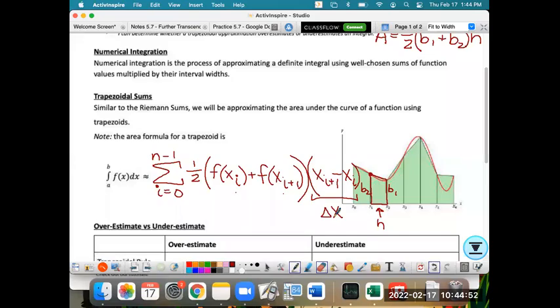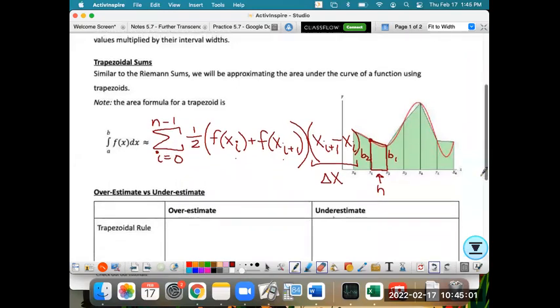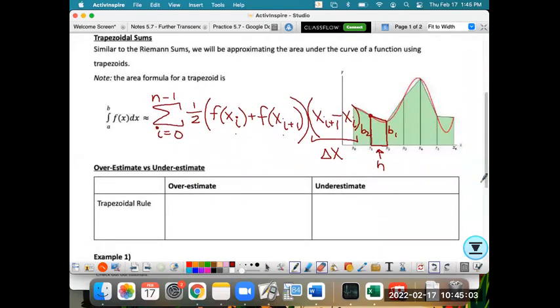Can I have a show of hands? How many people think that they know the relationship? Gavin, go ahead. That's exciting. It's going to be an overestimate if it is concave. I have a pretty obvious concave up there, right? And let's see. That's an overestimate. That's concave up there and here. Nice.